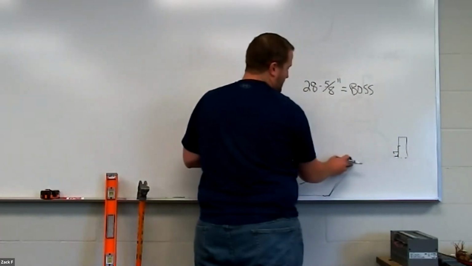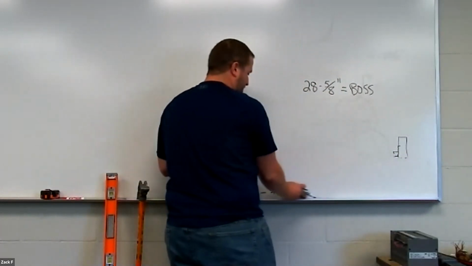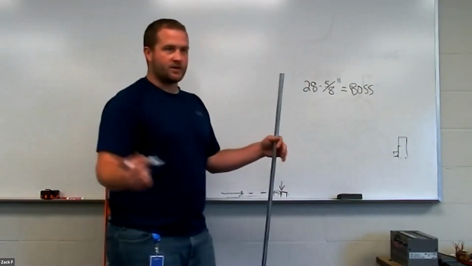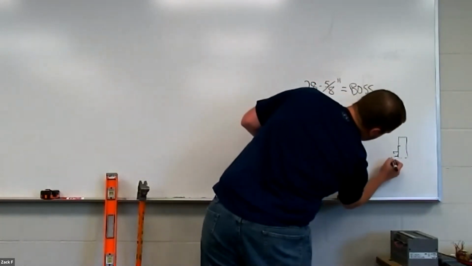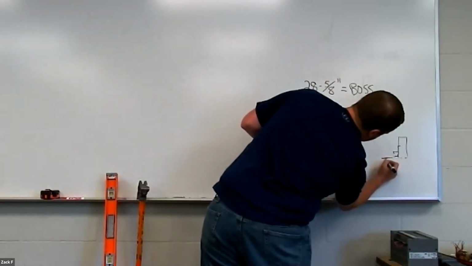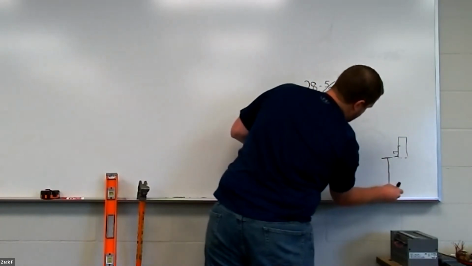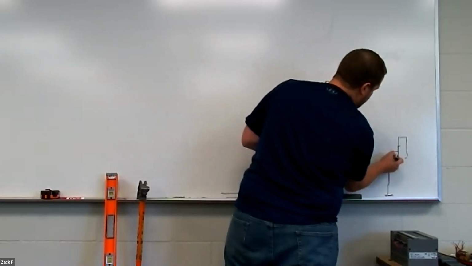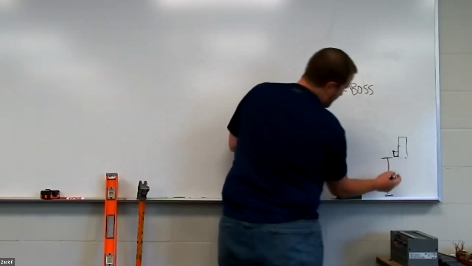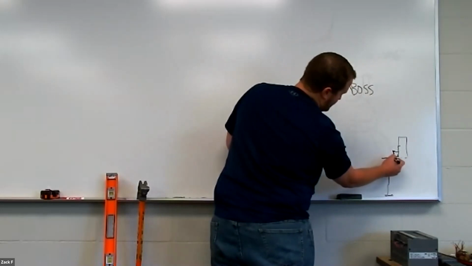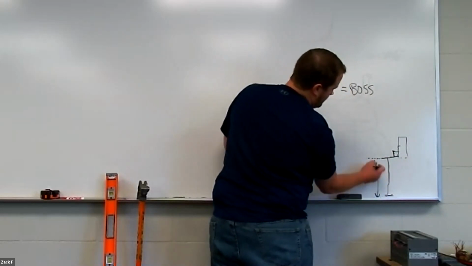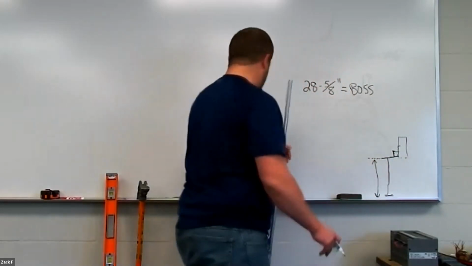So the distance that we need to know, and I always tell people, think of an offset like you're going over an obstruction. Let's say there's an I-beam right here. Really there's no obstruction there. We just have to get up and into this box. But this is the distance that we need to know from here to here. So I will measure that.